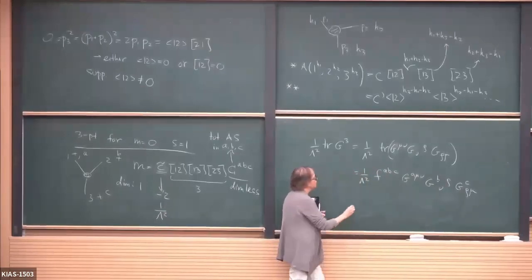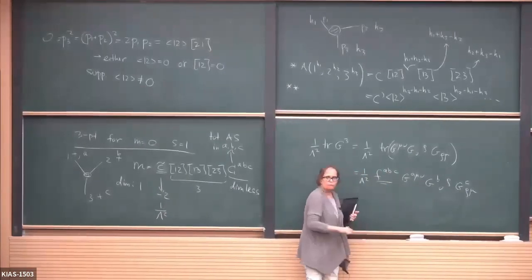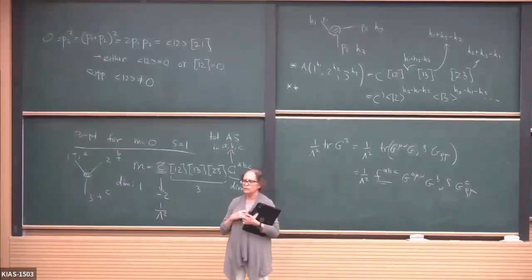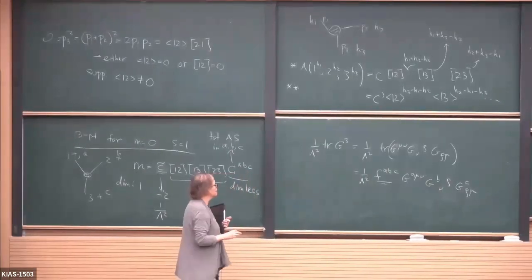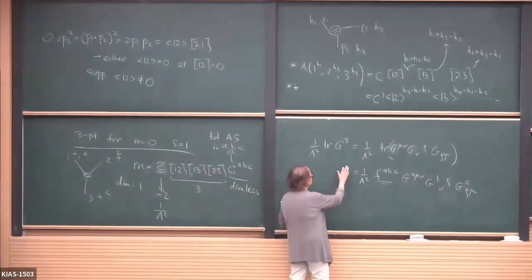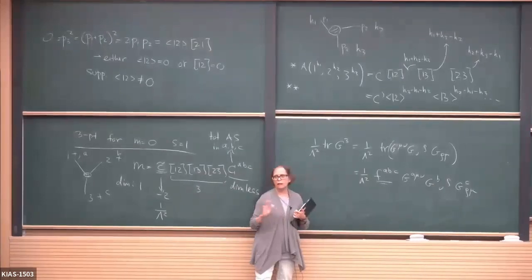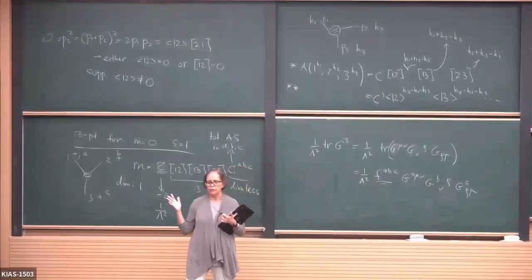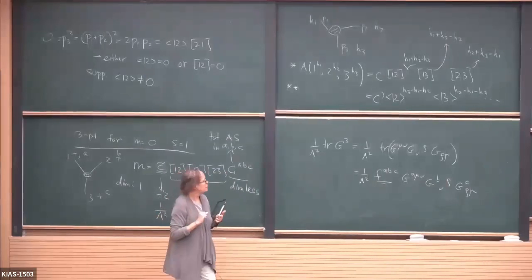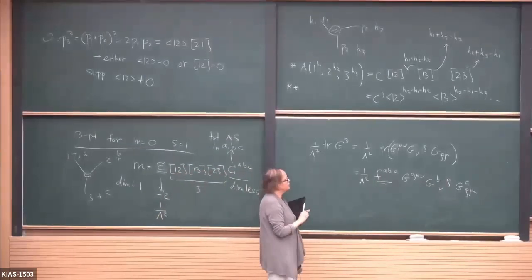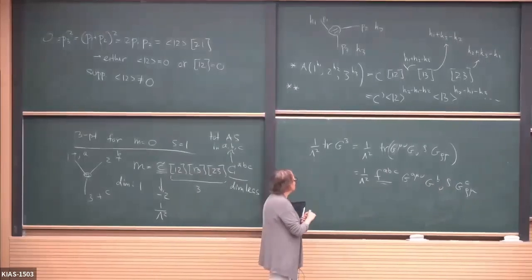And it comes with an f^{ABC}. You can convince yourself using Lagrangians that this is the only dimension 6 operator that you can write for Yang-Mills theory. There's also the one that's CP odd, but let's forget about that for a second.